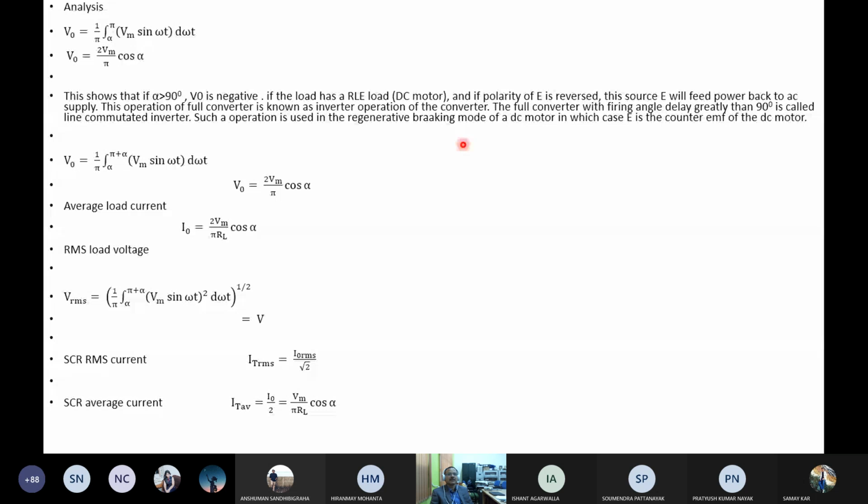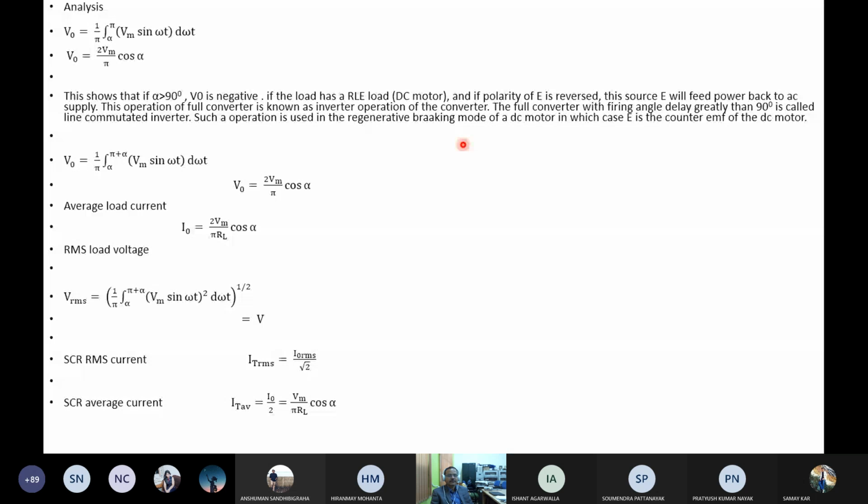This is known as regenerative braking, or the converter is said to be in inverter operation. It is known as a line commutated inverter, because commutation takes place from the line. The line voltage is used to turn off a pair of switches, and therefore it is a line commutated inverter.